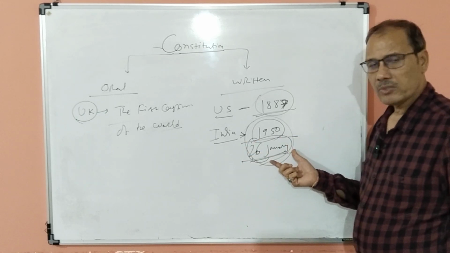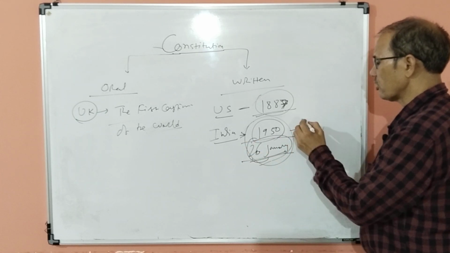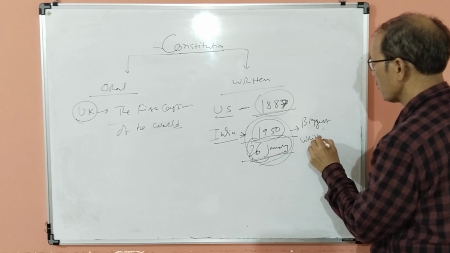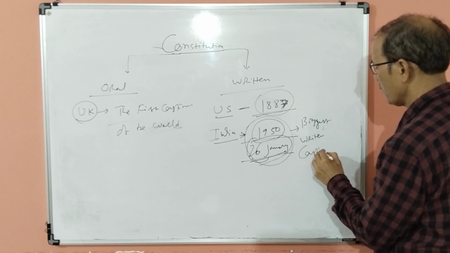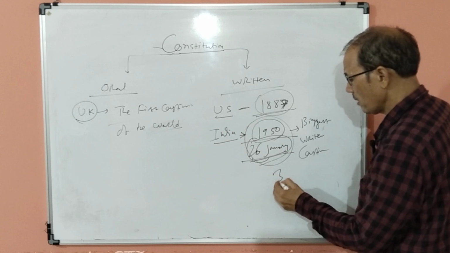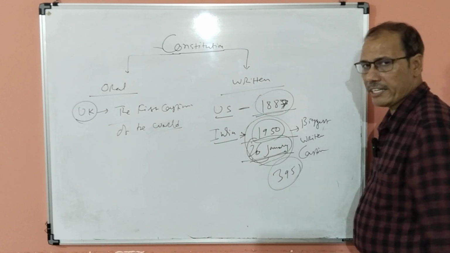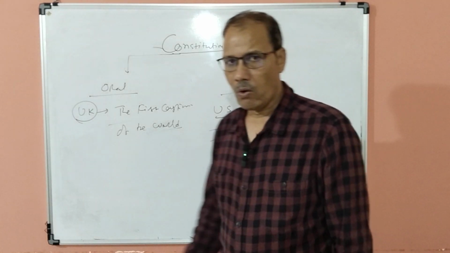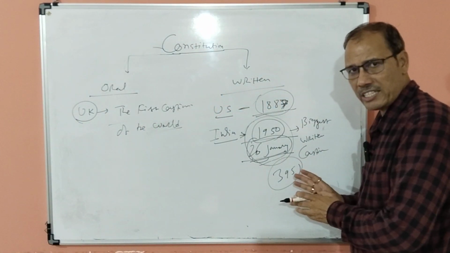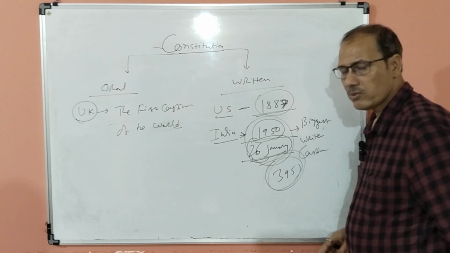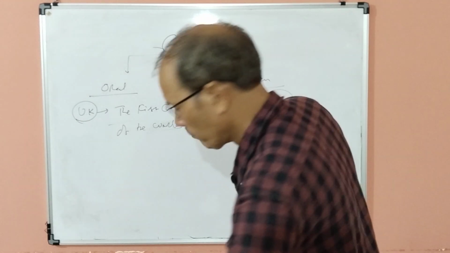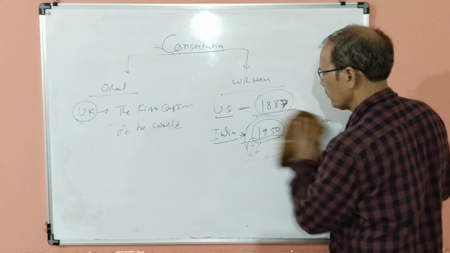India has the biggest written constitution of the world, containing 395 articles. With all the amendments and new additions, subsections are there, but overall 395 articles. So we are the biggest one in the world.